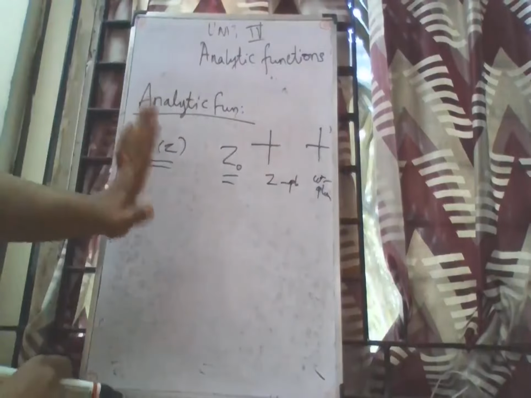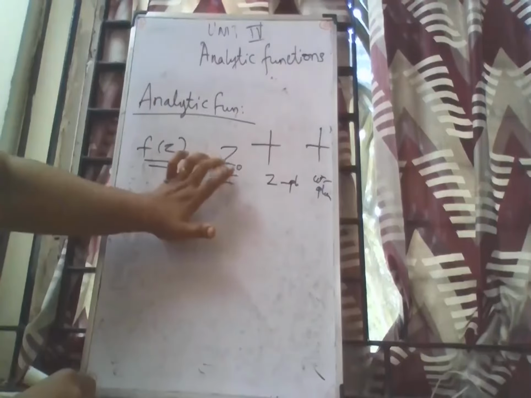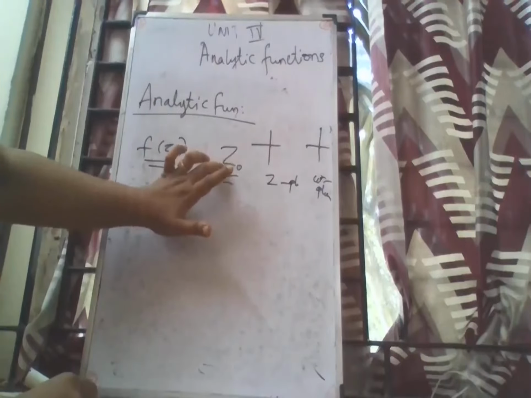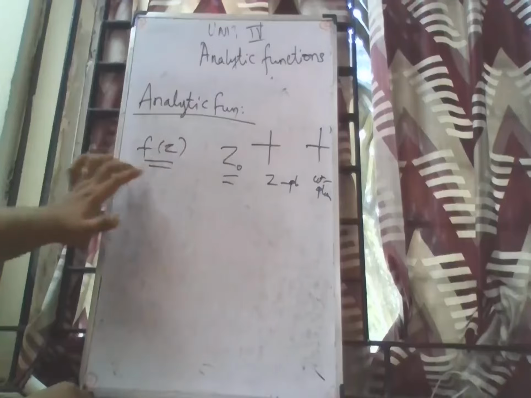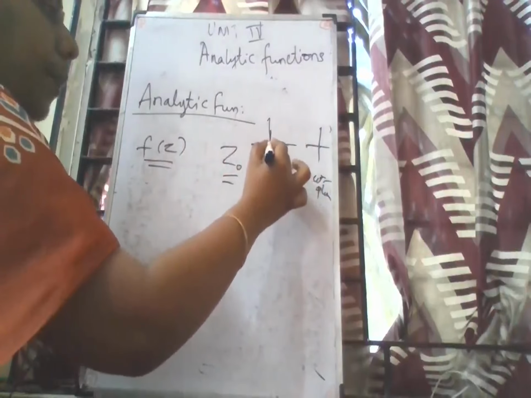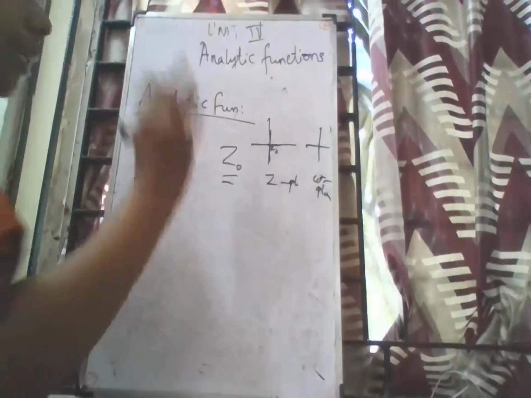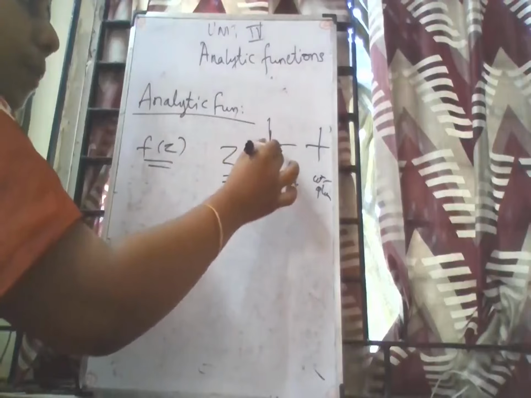Yes. Now I'll teach. A single valued function f of z is said to be analytic at a point z naught if it has a derivative at z naught and at every point in some neighborhood of z naught. Say for example, the point z naught is the origin. I'll take it like that so that everyone can understand in an easy way. I'll take this z naught as 0, 0.